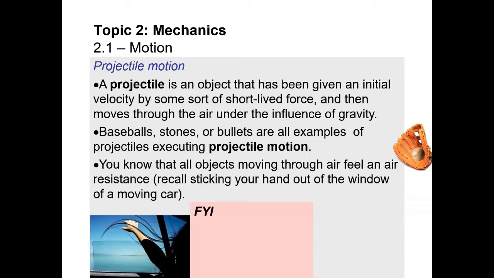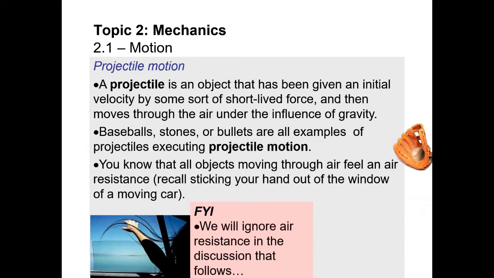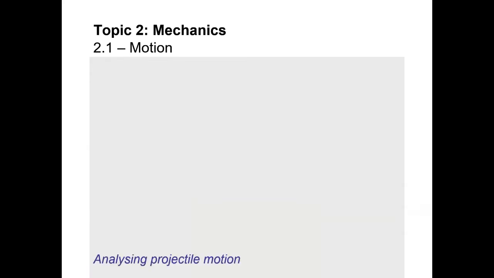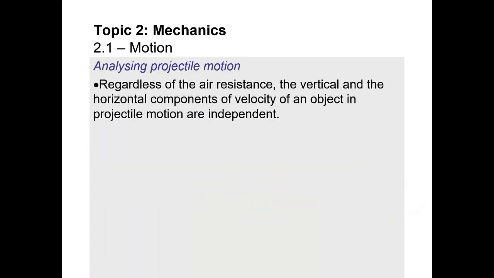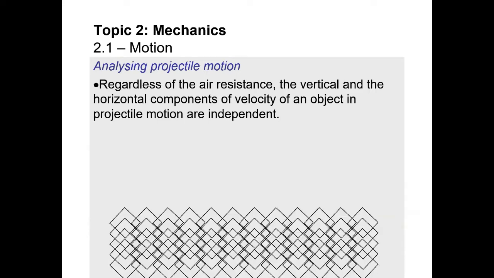You know that all objects moving through air feel an air resistance. Analyzing projectile motion, regardless of air resistance, the vertical and horizontal components of velocity of an object in projectile motion are independent.